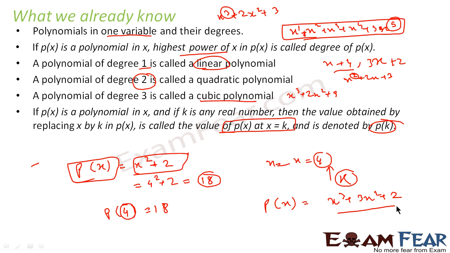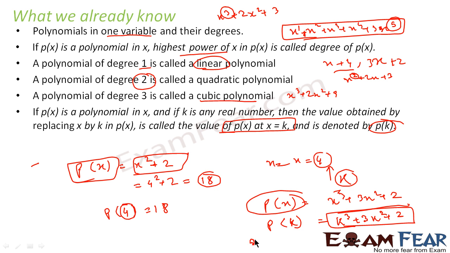If you want to find p(k), you replace all x with k. That becomes k cube plus 3k square plus 2. This is nothing but p(k), and this is nothing but value of this polynomial at x is equal to k. Graphically we'll try to prove this.